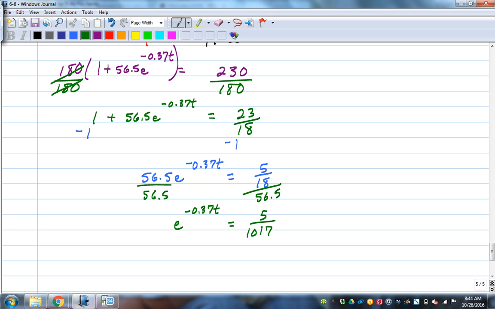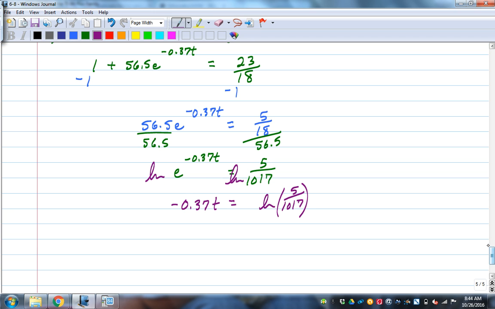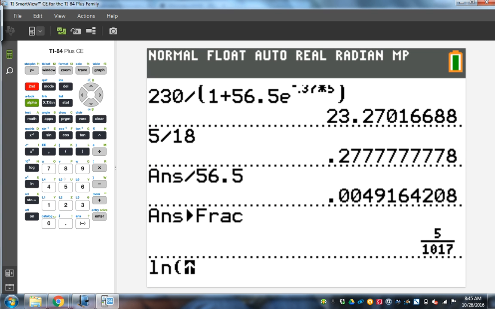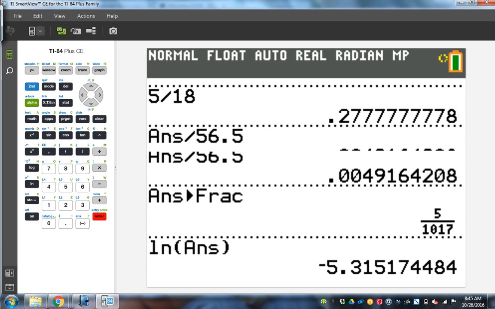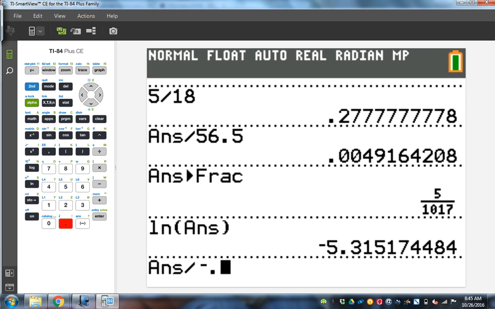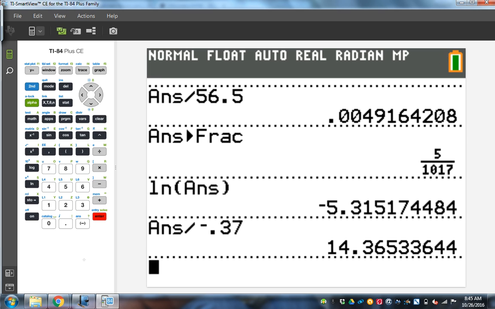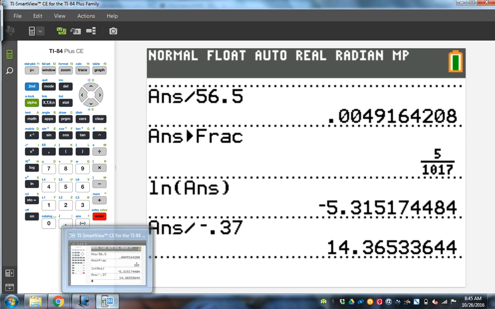Take the natural log of both sides. Divide by the negative 0.37. 14.37 days, yeah.